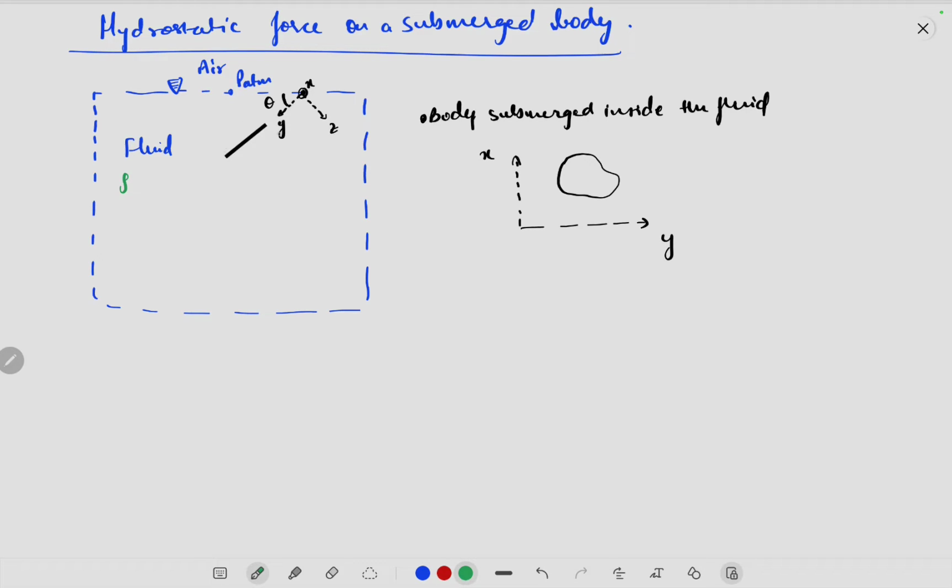We are interested in finding the total force that acts on this body. So we'll find the force by taking an elemental area dA, which would look something like this in the xy axis. We'll find the force due to pressure on this dA element and we'll integrate over the entire area to calculate the force value, right? Now let's say the depth of this elemental area is h.